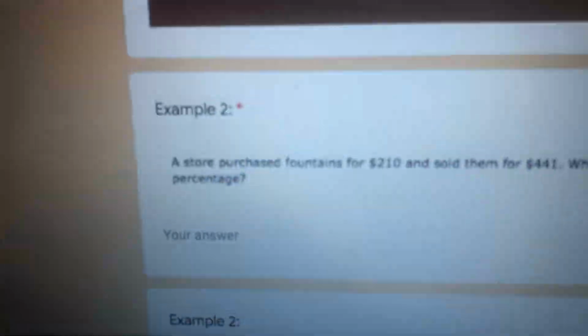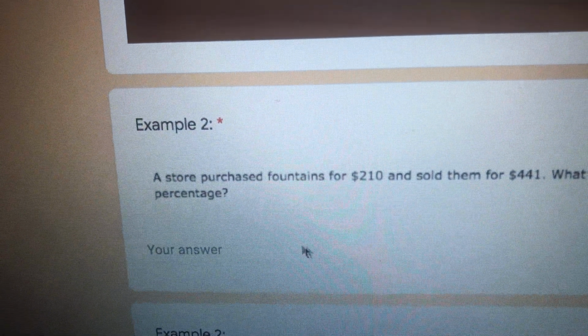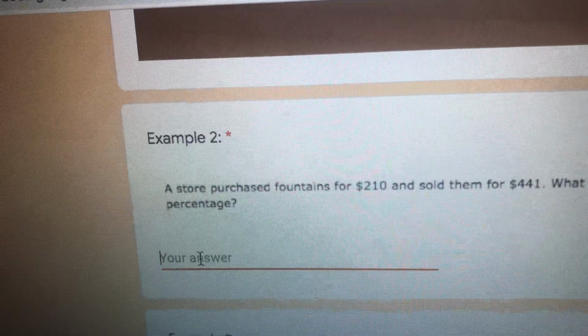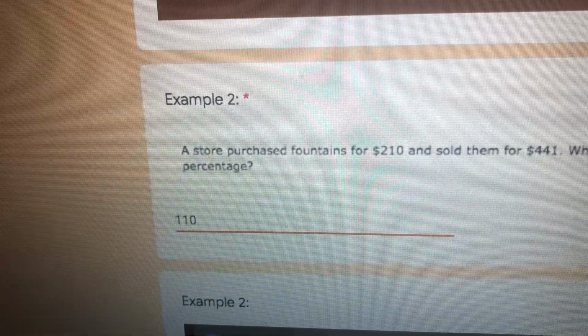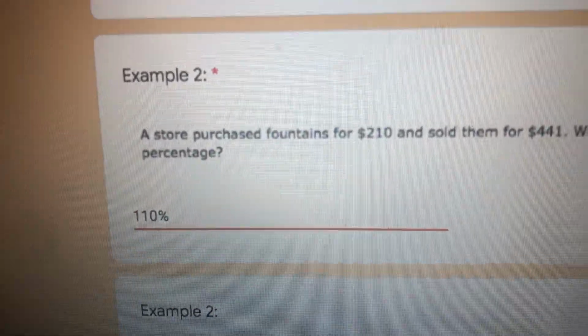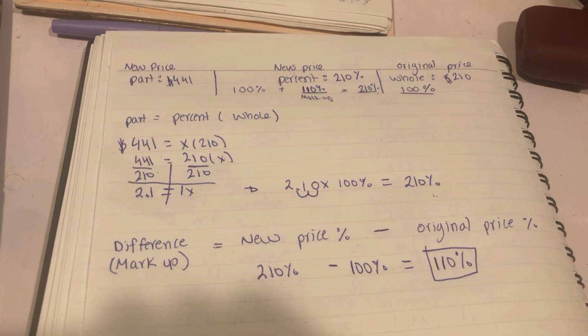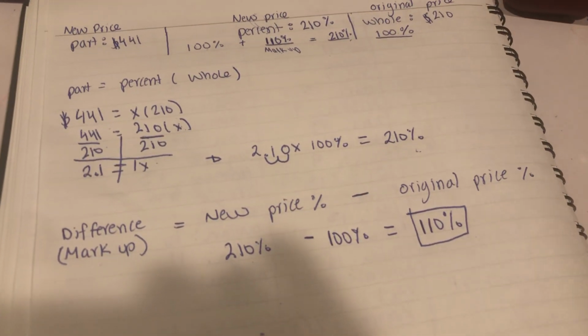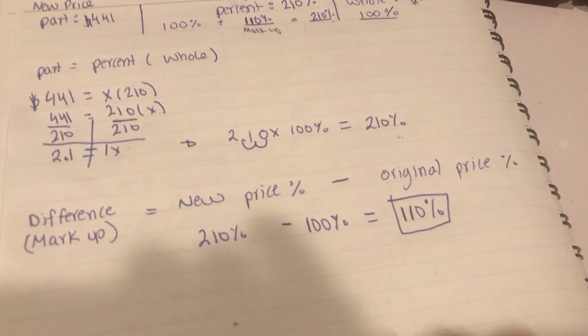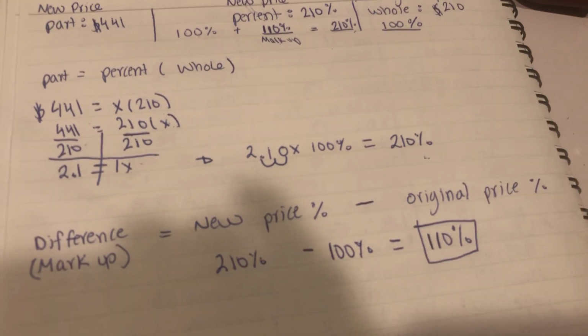So when we type this in, we're going to put 110%. So always remember, I'm going to reiterate that you are subtracting the original price percent from the new price percent to find the markup.